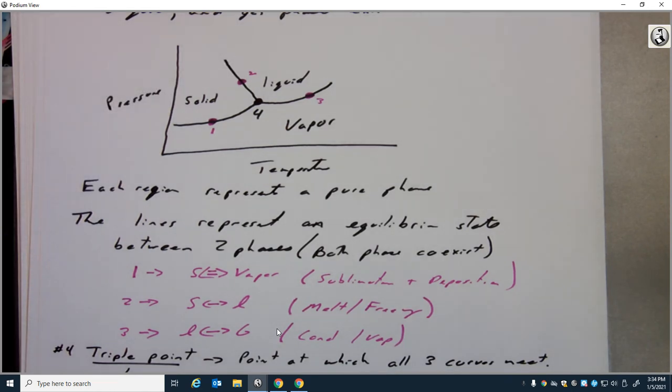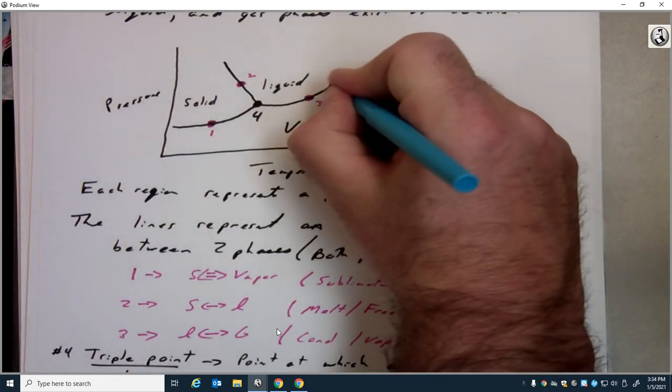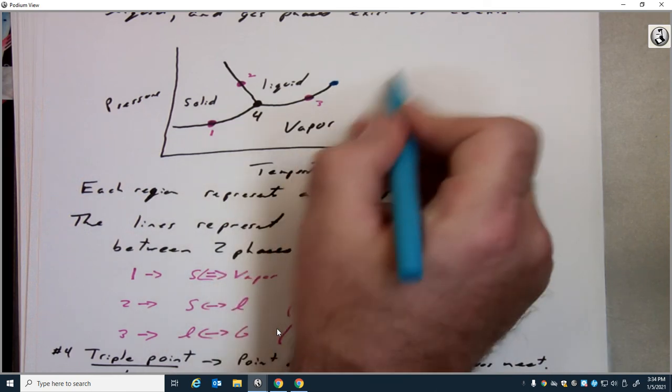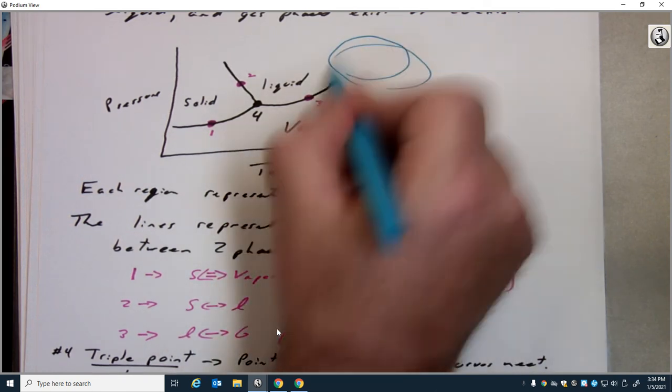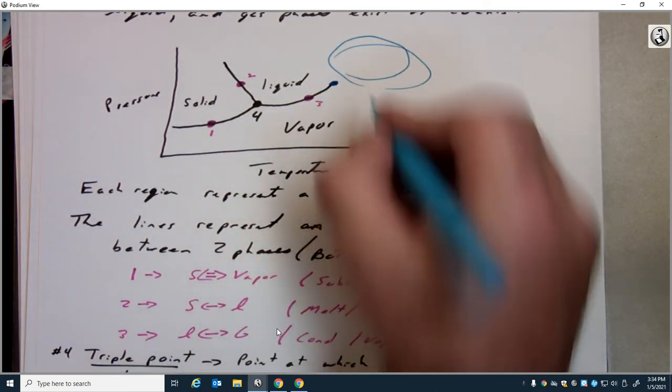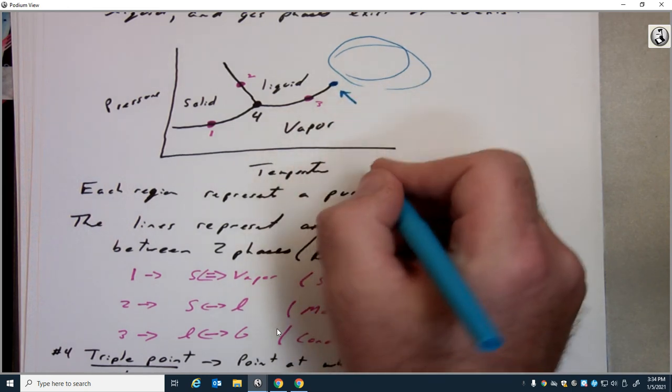Now, there's one other thing that I want to talk about, and that's right up here at the top end of this line right here. It's this section of the graph right up in here. This point right here is called the critical point.